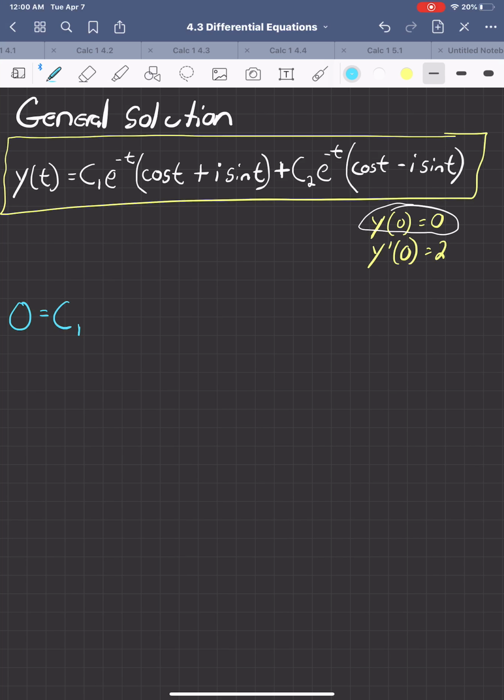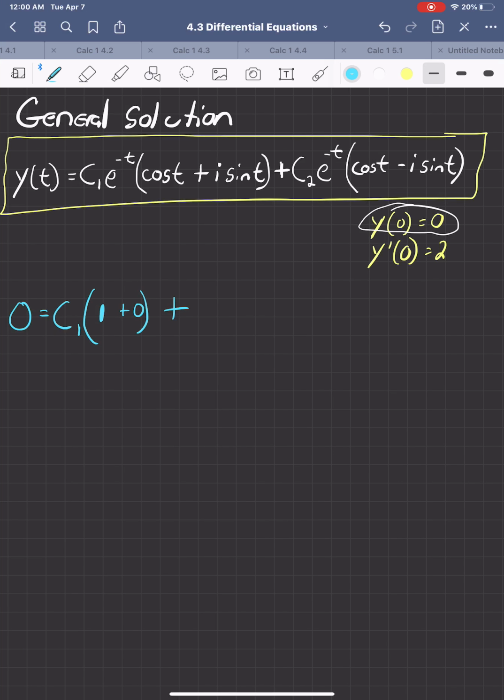Now, this is going to end up being e to the negative 0, so it's just 1. So times cosine of 0 is 1, sine of 0 is 0. So that's just going to be 1 plus 0.